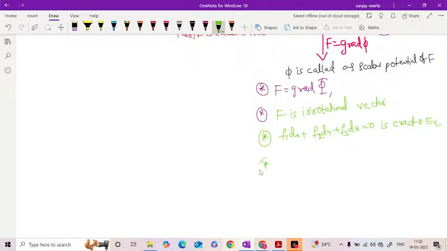And one more point here: f1 dx plus f2 dy plus f3 dz is equal to d pi.